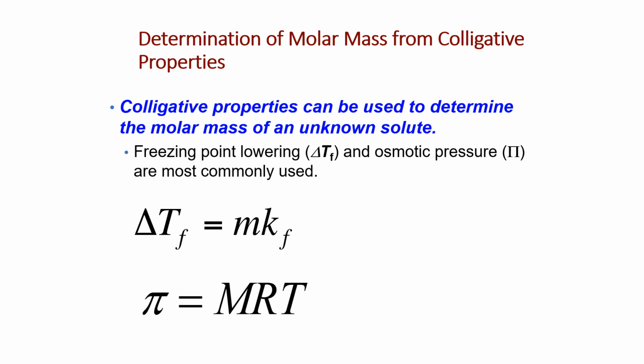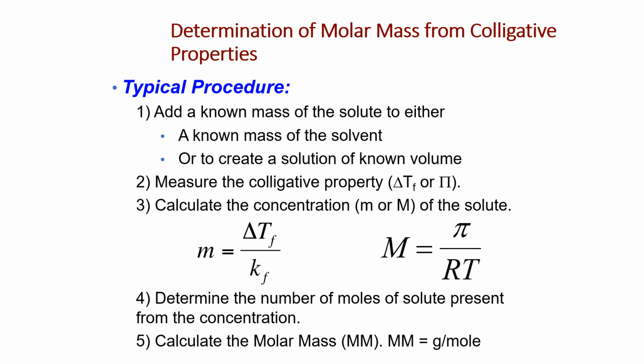And then we can look up its K value on a table, and we can dissolve some stuff in it. What we can do is add a known mass, so we know how much mass we dissolved, and then we can see what happens to its freezing point.